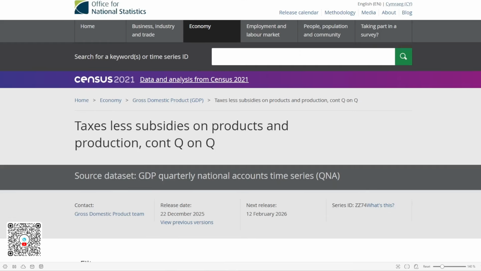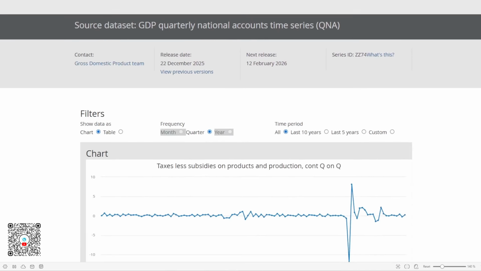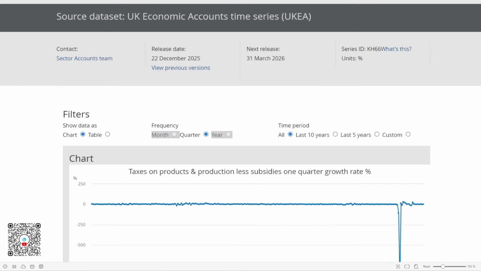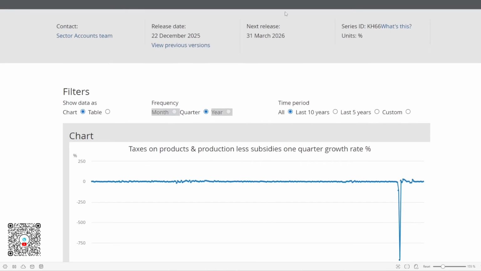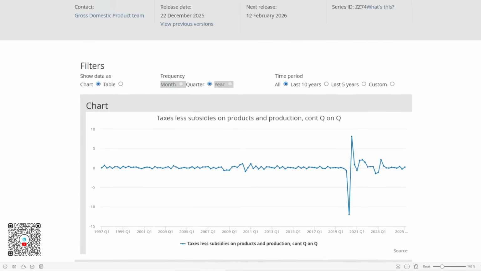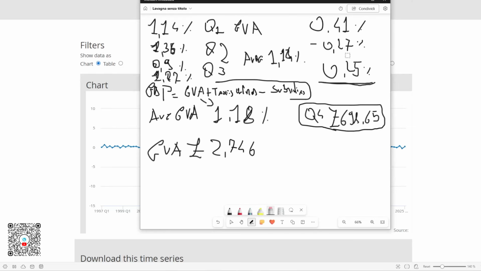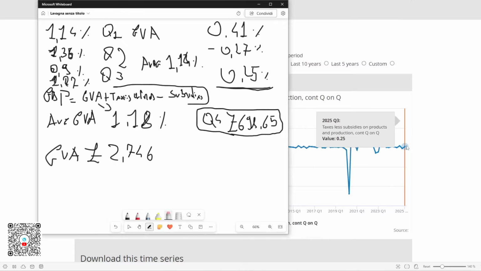We can try to figure out, and as I said, we have different measures of the same item. Here, that's the ONS website. We have taxes less subsidy, that's quarter on quarter, but these are the national account time series. Otherwise, we have the economic account time series. These are the data that I used, 0.4 minus 0.27, and plus 0.25.